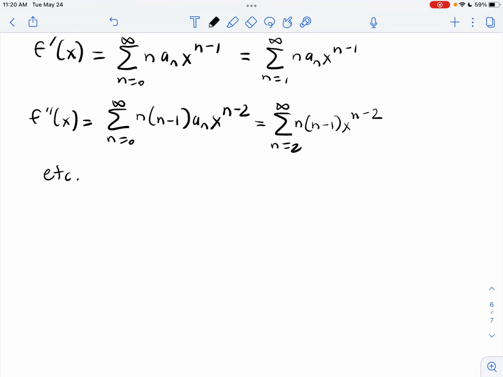Next, we have a definition. This is a new definition. We did not learn this definition in calculus.